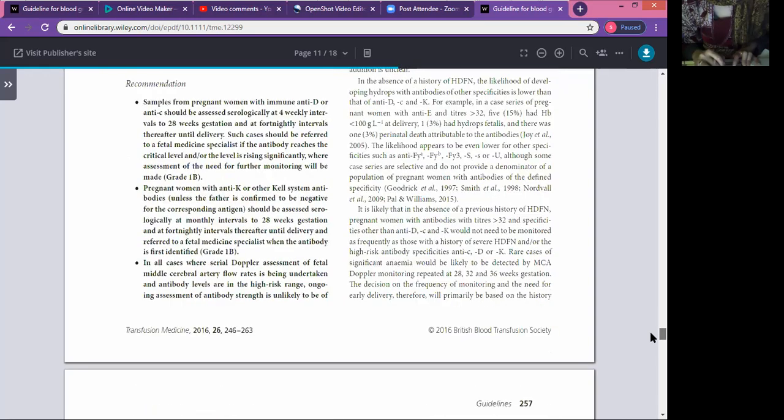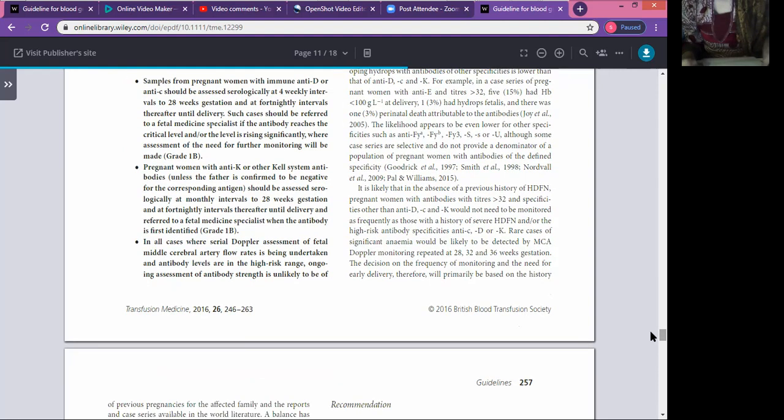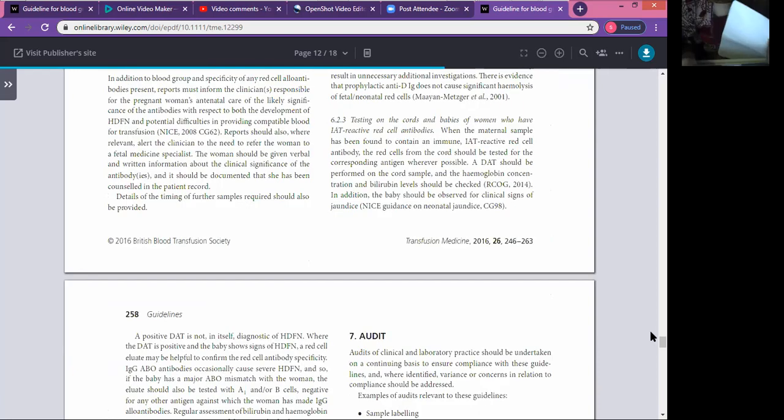Only then do they warrant more vigilant screening. Otherwise, the system for anti-D, small c, and KEL has been identified, but for other clinically significant antibodies, just at booking and at 28 weeks, unless there is a history of HDFN in the previous pregnancy. So this is how we need to go about reporting these antibodies.